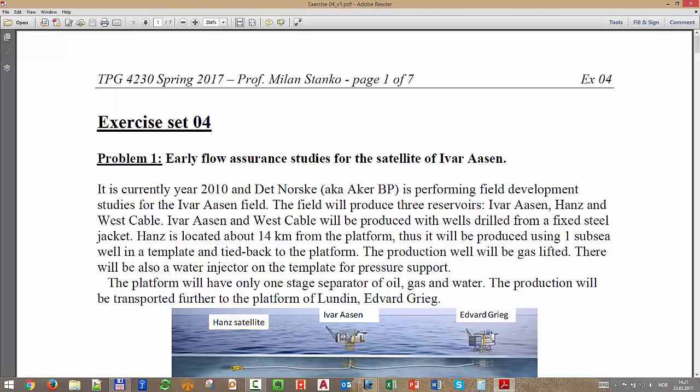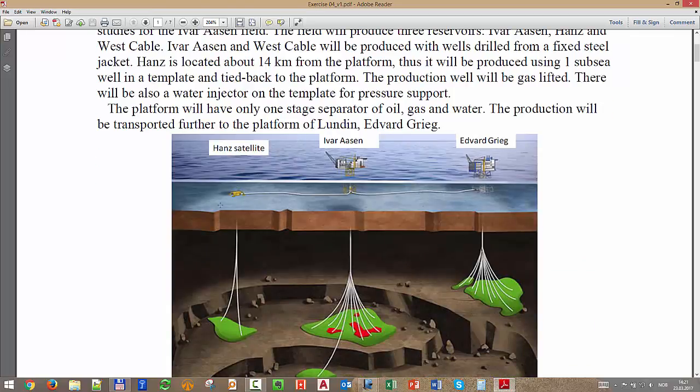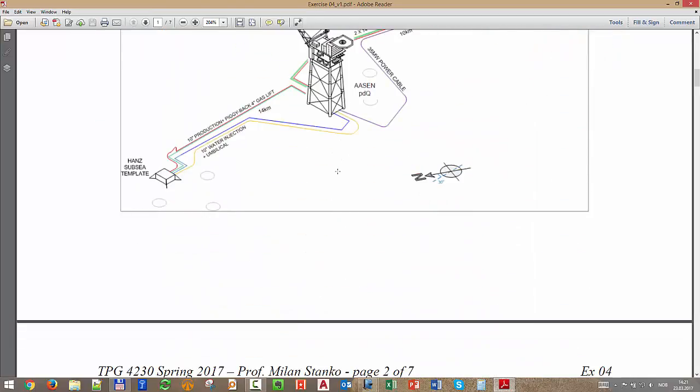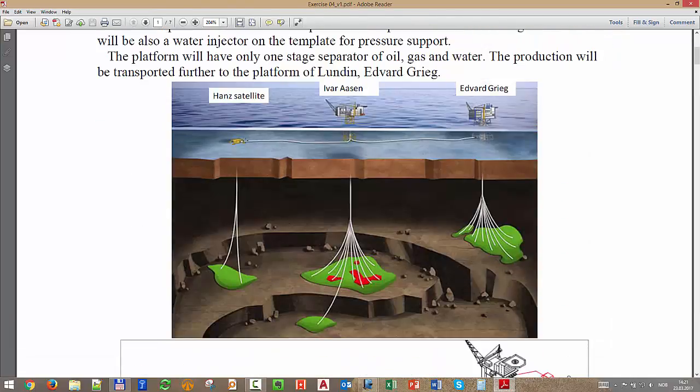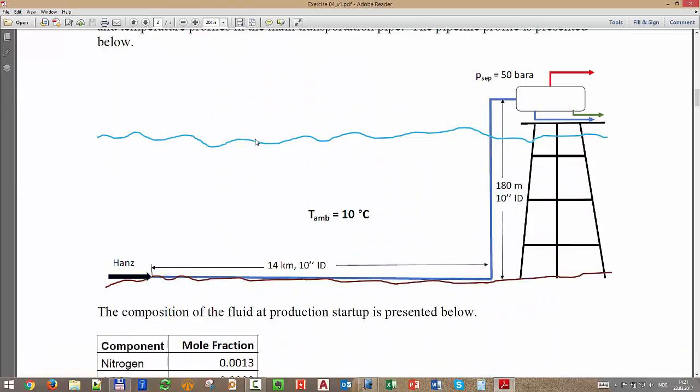Now the fourth set is already published, so it has 2 problems. The first one is we are studying the Hans satellite of Ivar that just came into production last November, I think, October. And to make first pressure drop and temperature drop calculations in the main pipe, and then to see if you fall just below the cloud point, the wax appearance temperature.